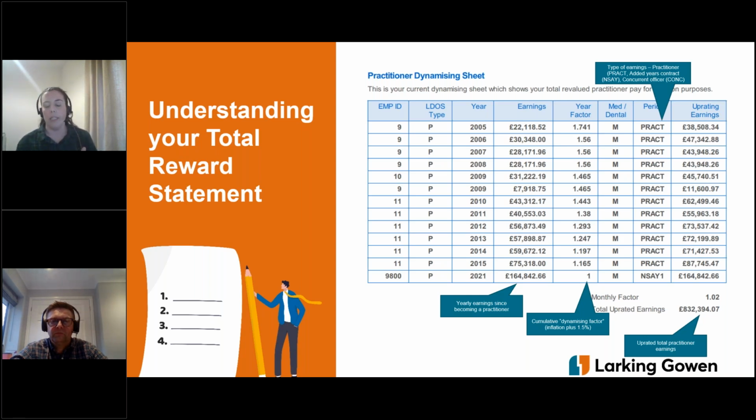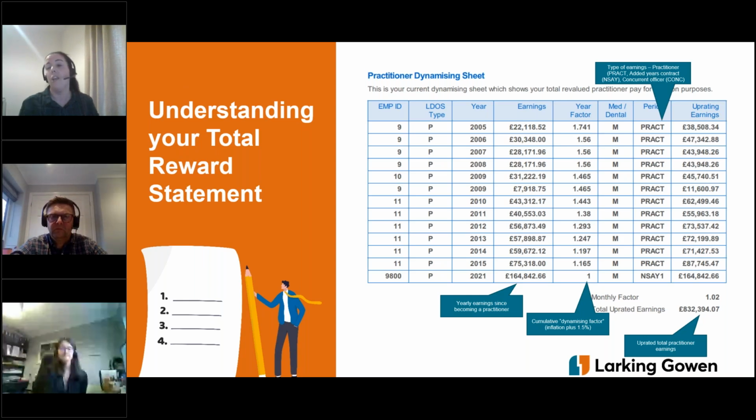Broadly speaking, option one is that officer concurrent post. If you've got an ICB post, it goes into the practitioner sheet and is treated as practitioner earnings. So it's added into your pot, it's dynamised every year, and takes the 1.4% pre-practitioner uplift as normal.